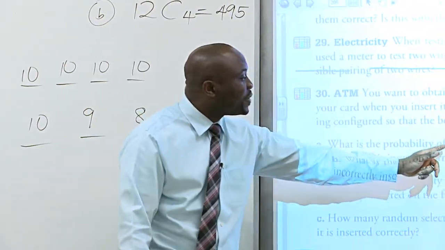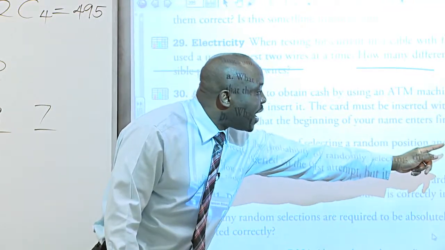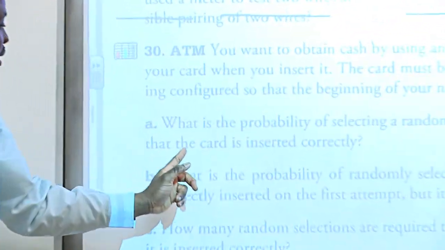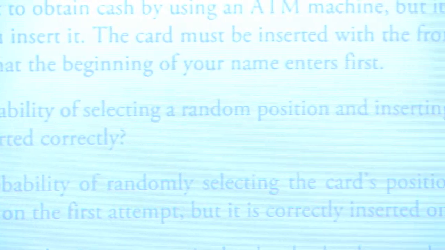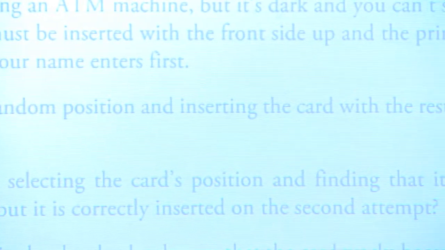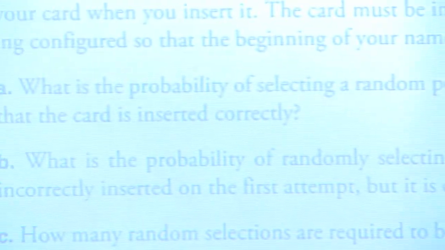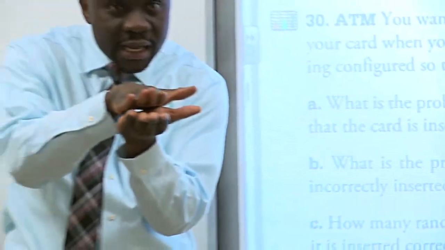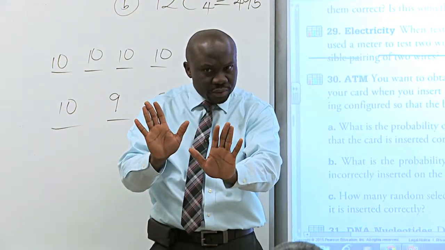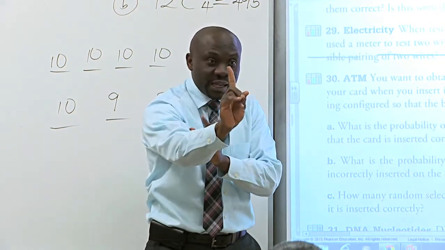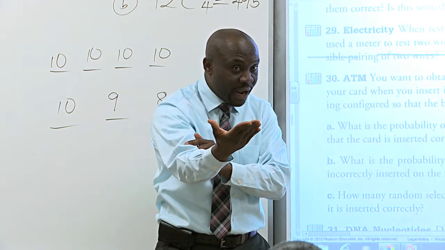What is the probability of selecting a random position and inserting the card with the result that the card is inserted correctly? 1 out of 4. Why 1 out of 4? Because the card has 4 sides. You can flip it either way. So far, so good? So of the 4, only 1 is right. That's why we say 1 out of 4, right?